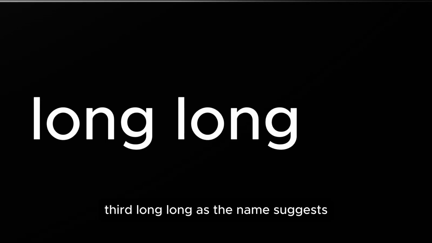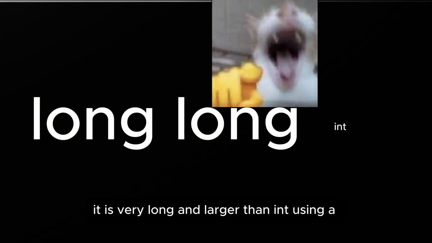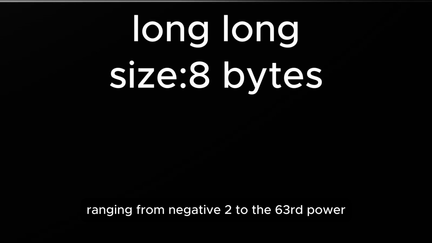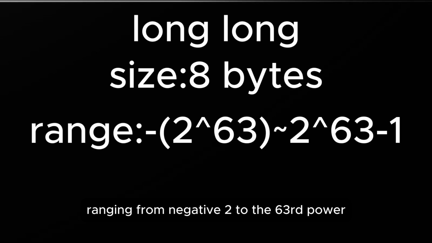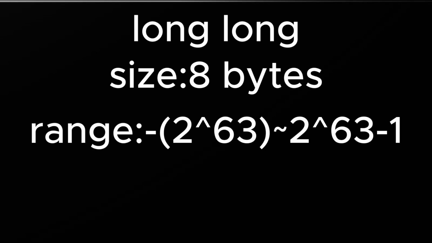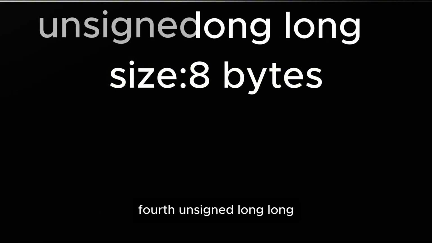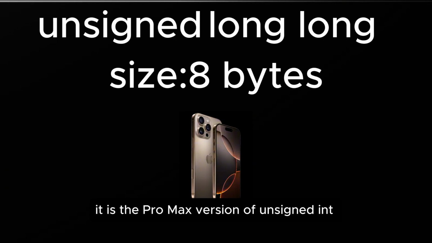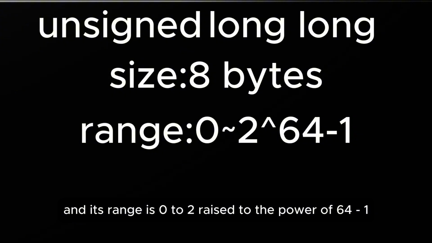Third, long. As the name suggests, it is very long and larger than int, using a full 64-bit signed integer ranging from negative 2 to the 63rd power to 2 to the 63rd power minus 1. Fourth, unsigned long. It is the Pro Max version of unsigned int and its range is 0 to 2 raised to the power of 64 minus 1.